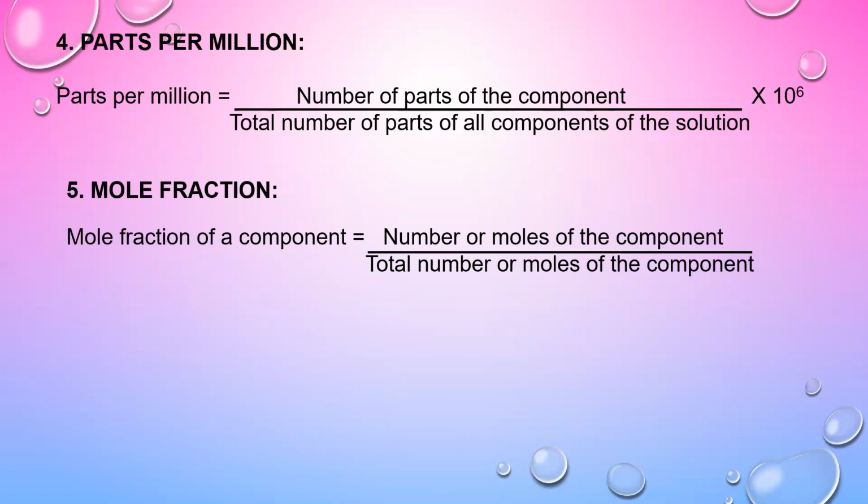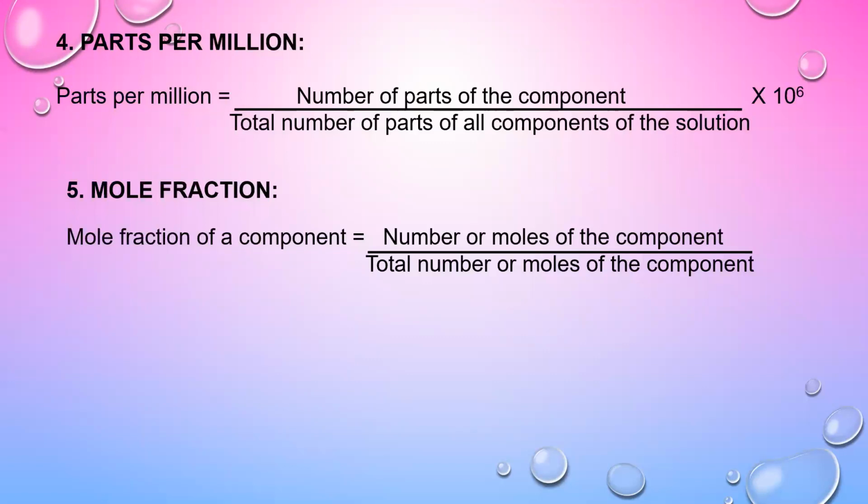Next is very important, that is mole fraction. Now what is mole fraction? It is the ratio of the number of moles of a particular component to the total number of moles of the solution. If a substance A dissolves in substance B and their numbers of moles are Na and Nb, remember we denote number of moles with small n. Then the mole fraction of A is equal to the number of moles of A upon the number of moles of the solution.